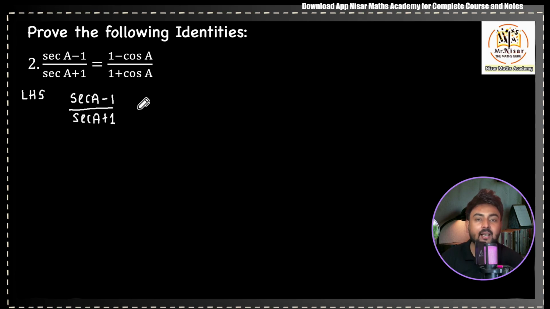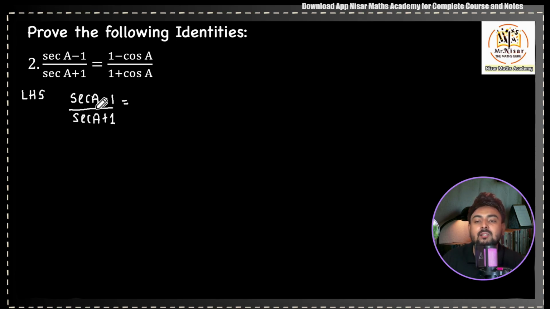What is the trick? That trick I'm going to tell you right now. Remember that whenever trigonometric identities, trigonometric ratios are given to you, try to convert them into sine and cos. This is the trick to solve 90% questions of trigonometry. Okay, so let's see here. Try to convert it into sine and cos.